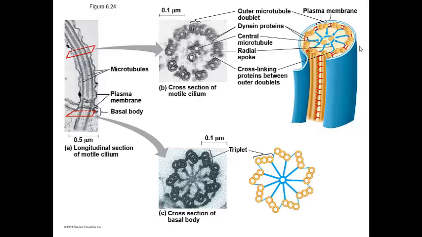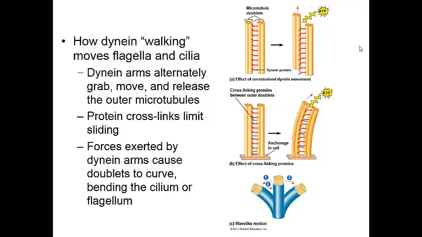Let's see how the dynein proteins actually produce the movement. So here you see two microtubules, and here you see the dynein motor proteins and their little feet. We're going to see why it's so important that the microtubules are anchored to the cell using the basal body like you see right here.